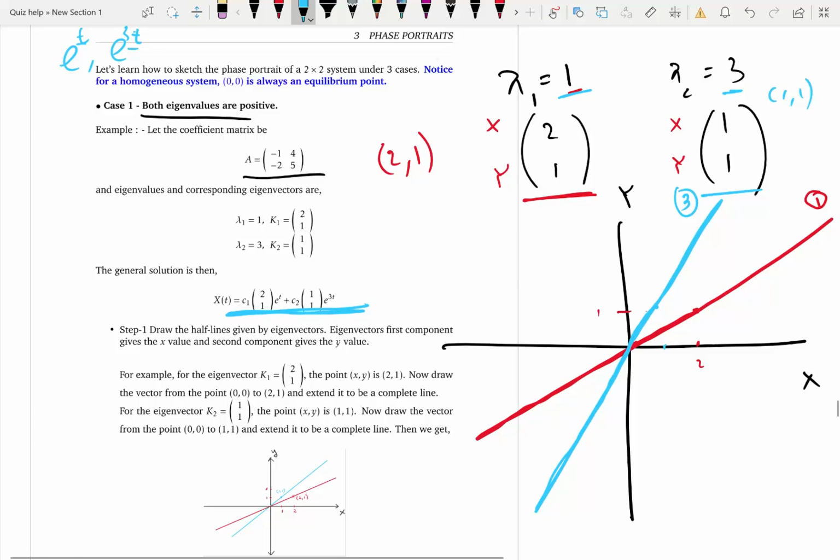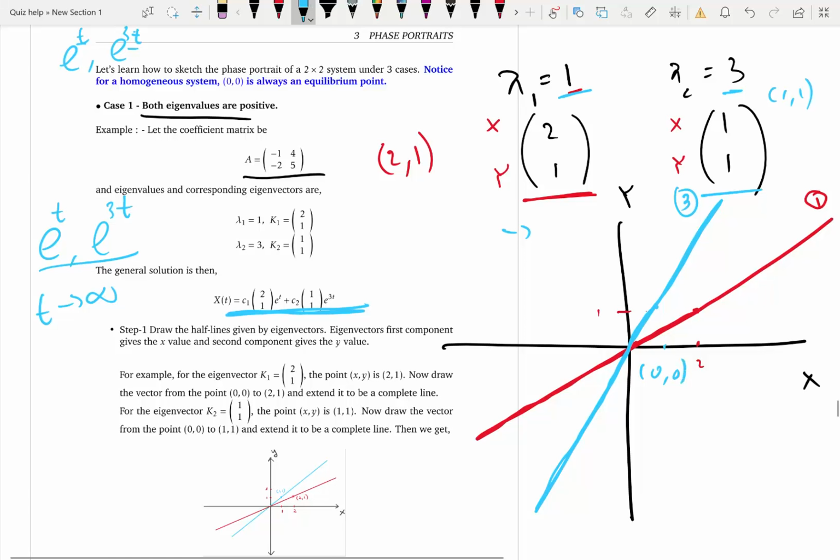In this phase portrait you do not explicitly have time, but you represent time. How? When t goes to infinity, what happens to e^t and e^(3t)? They grow extremely large, exponentially large. And we know for a fact the equilibrium point is the origin, (0, 0).